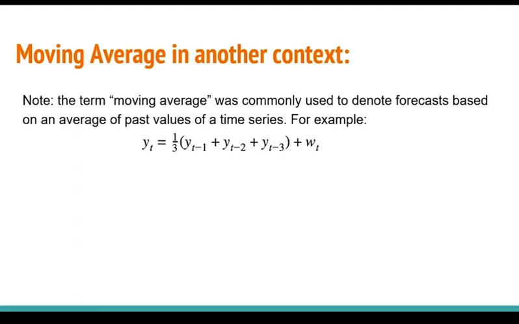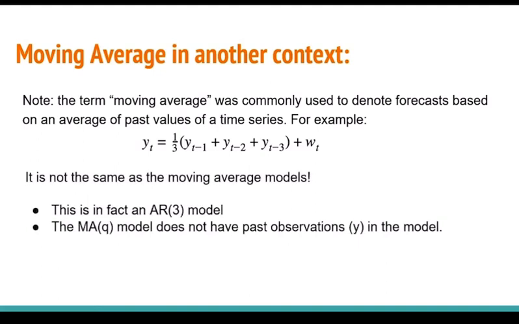So that's what you can see right here. When you take a look at what you have here, it looks like an autoregressive model of order 3, if you remember what we did before on autoregressive models. So this is an autoregressive model of order 3.